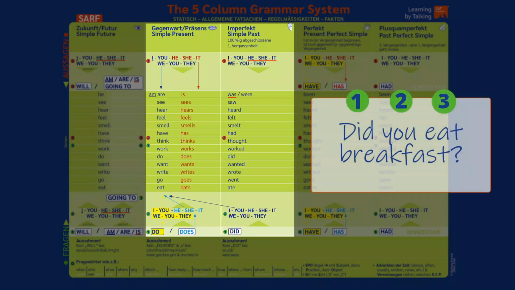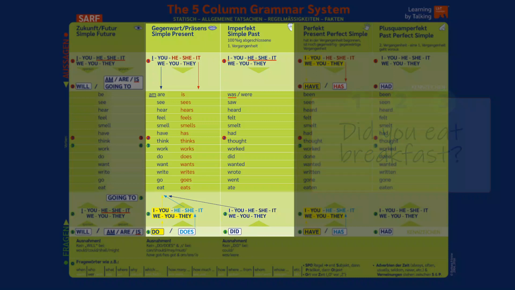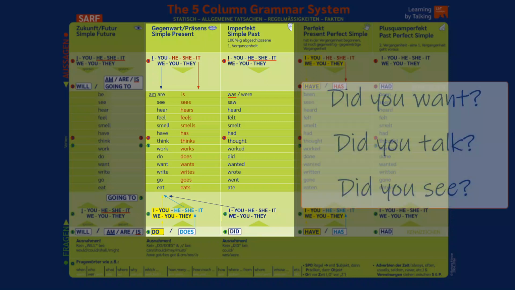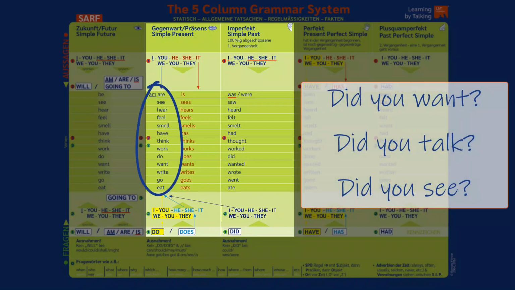Did you eat breakfast? Often in class we hear double Ds, like "did you wanted" or "did you talked". "Did" is in the past tense, so we don't need another conjugated or changed verb. Instead, did you want? Did you talk? Did you see?